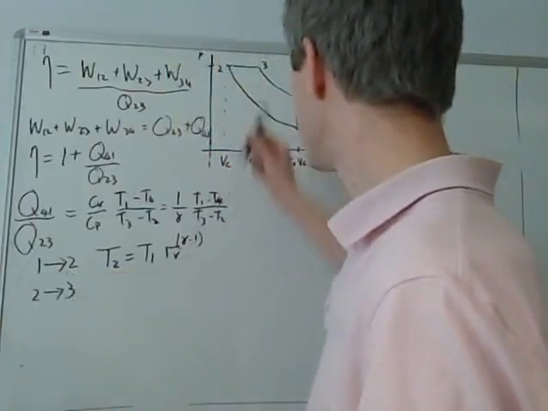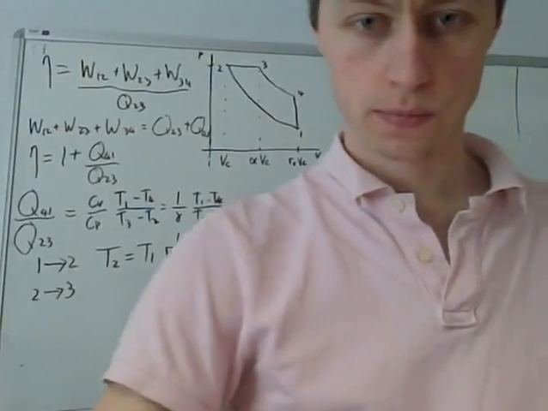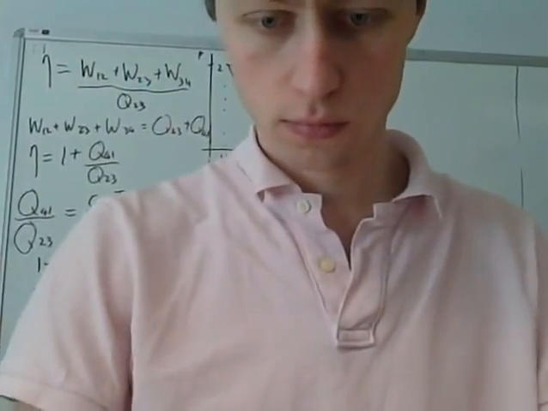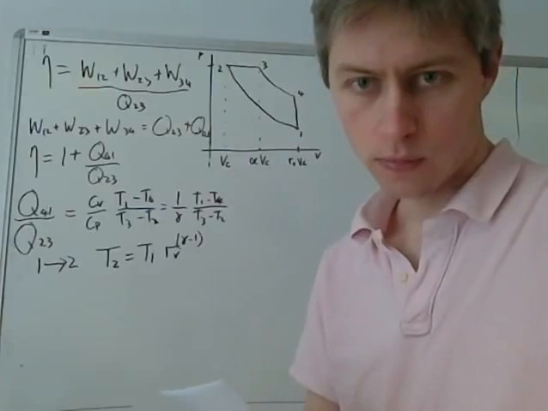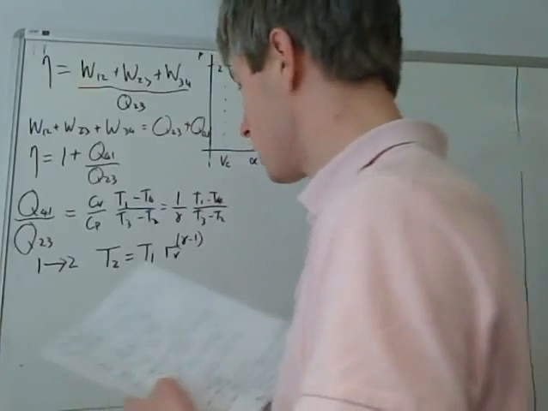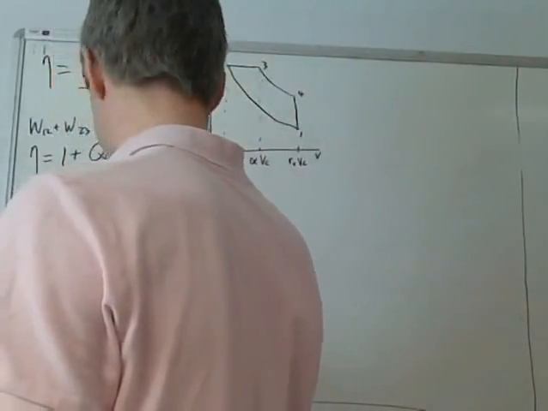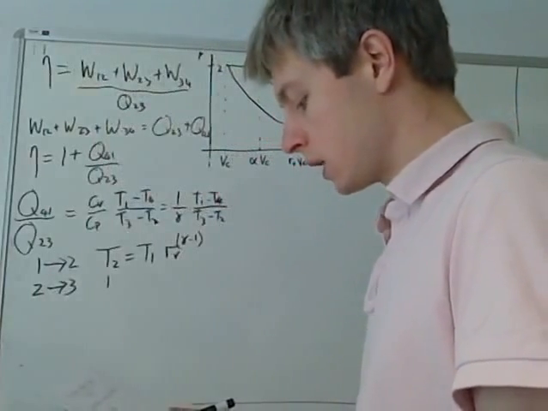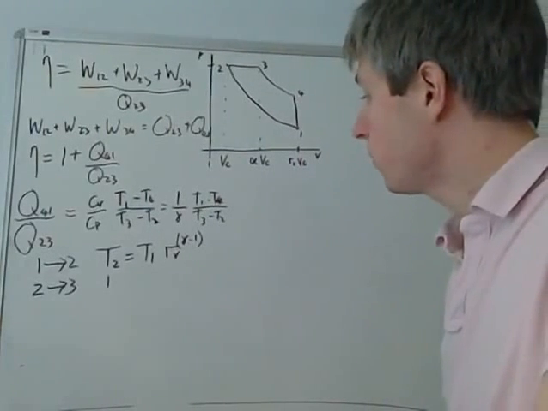2 goes to 3. What's the temperature change across there? That's a constant pressure. So now the process 2 goes to 3. This is a constant pressure heat addition. And so what relationship can we use? We know that the pressure is the same.